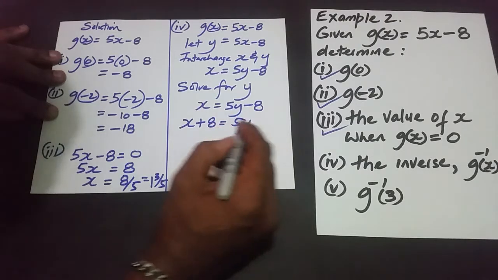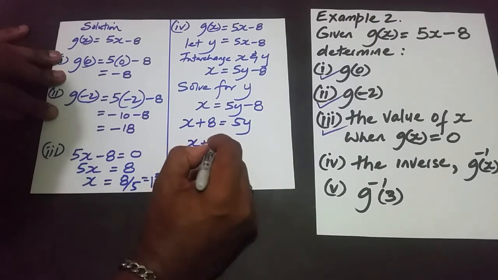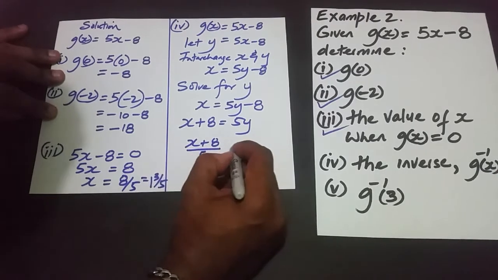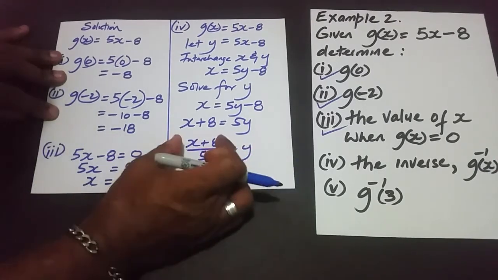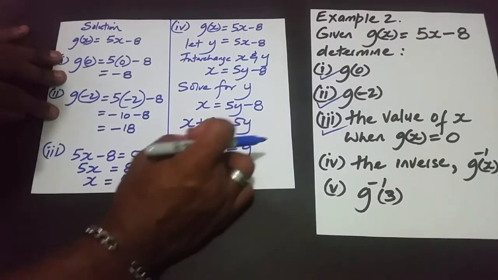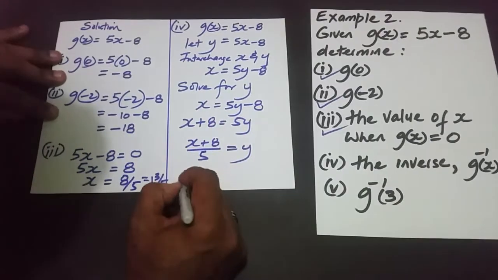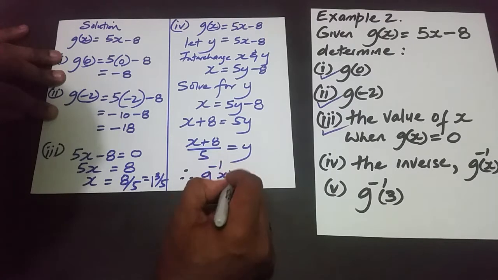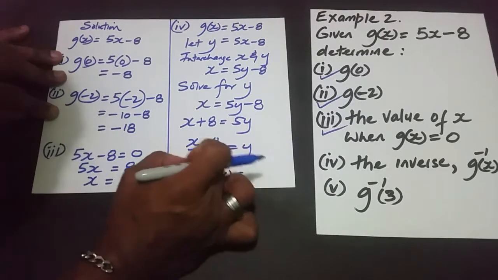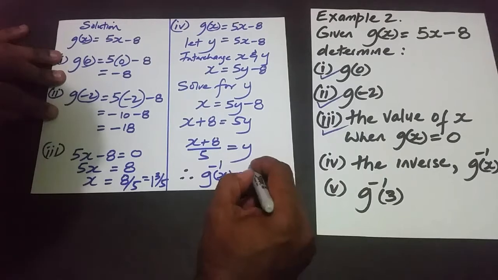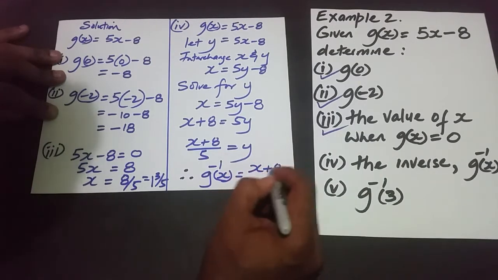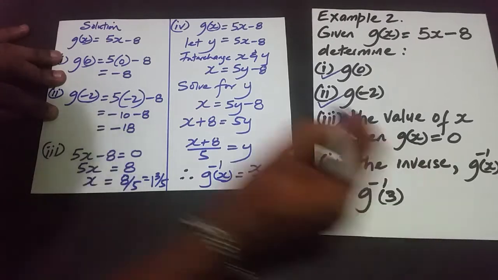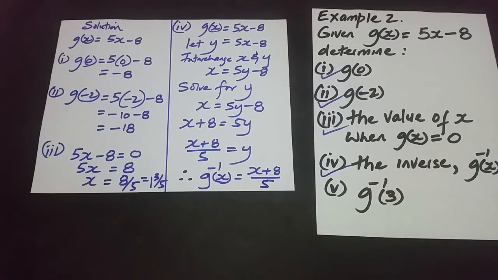And of course, we just simply divide by the coefficient of y, which is 5. And again, whatever y is equal to here, that is going to be our inverse. So therefore, the inverse of g of x is equal to whatever y is equal to, which is x plus 8 over 5. And that will be the answer to part 4.